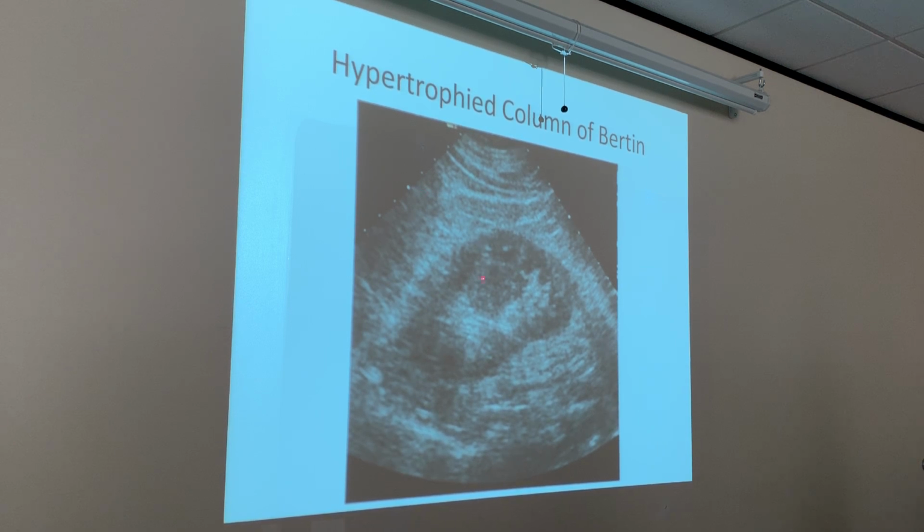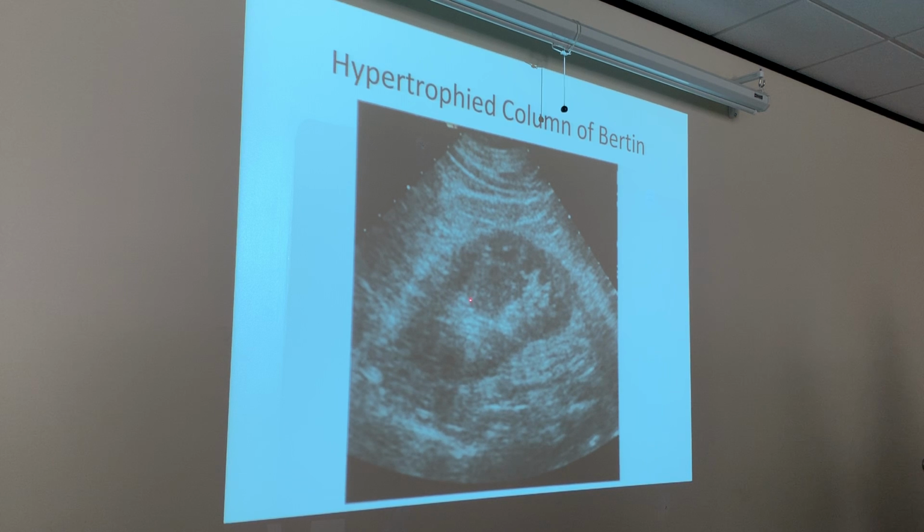So by the time it got to the column of Bertin, because of my positioning of my transducer on the skin of the patient and how it's hitting the kidney, I made it look like a mass. So we have to change our position so that we do not cause a mass. We want to show that this is the same echogenicity.